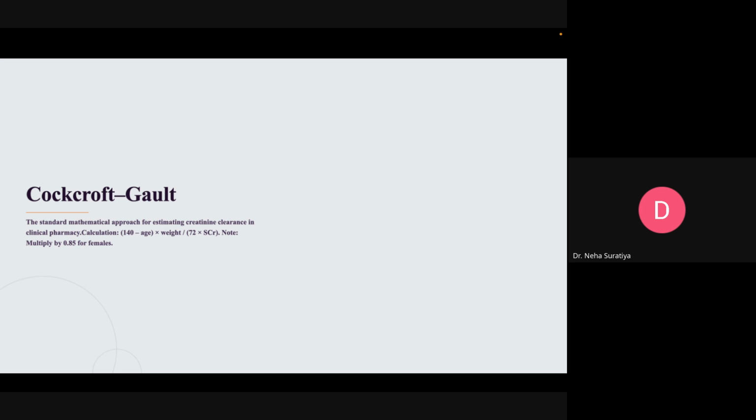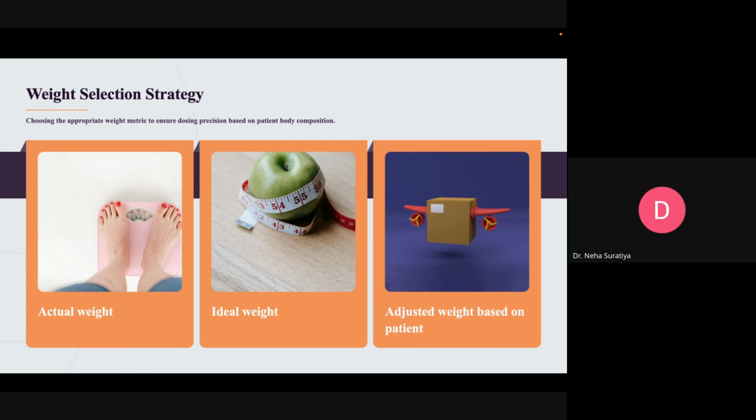I already told you in the very first or second lecture how exactly adjusted weight is calculated, with ideal body weight and all. The formula is very simple. Please remember, while applying Cockcroft-Gault in an obese patient, you need to take the adjusted weight. Here it is written: you have actual weight, ideal weight, and adjusted weight based on the patient.